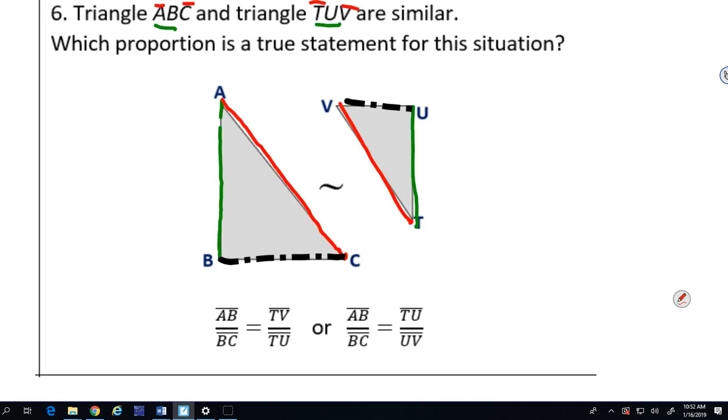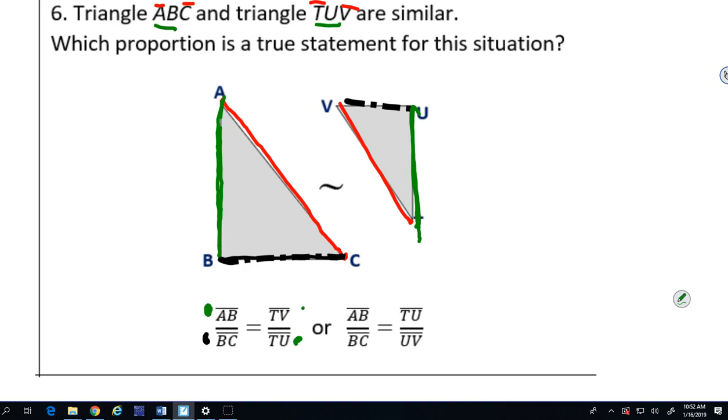All right, so I've gone ahead and matched up my side lengths that are corresponding. Based on this, AB is right here. BC is here. So I'm color coding to check my work. And then TU is green, down here.